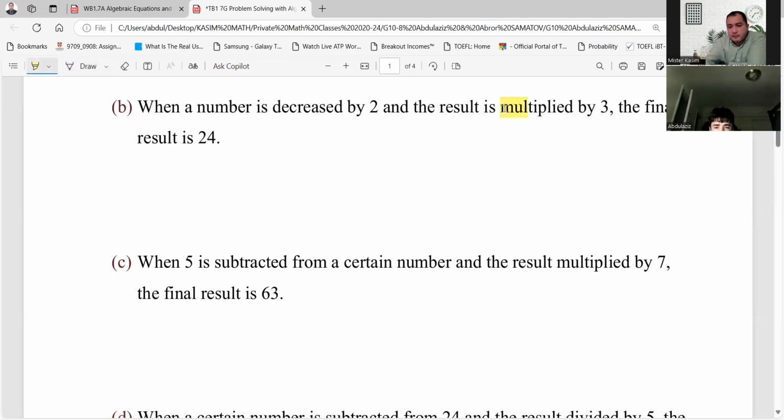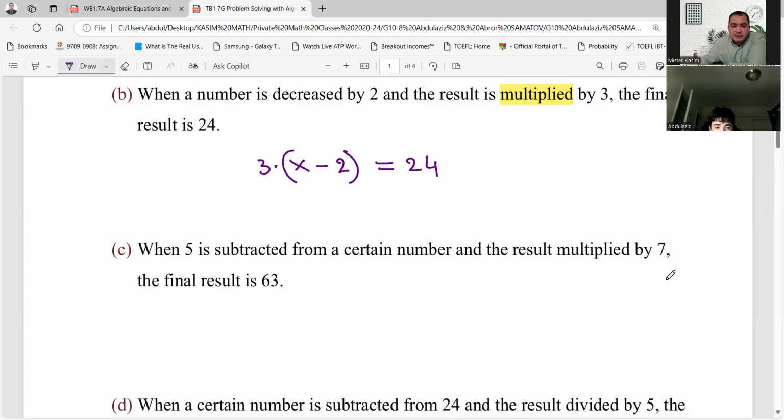It's multiplied, right? So first, x decreased by 2, x minus 2. And the result is multiplied by 3, and the result is 24.